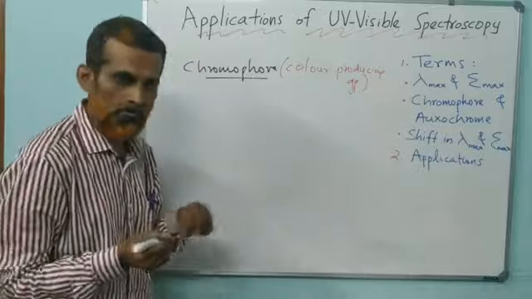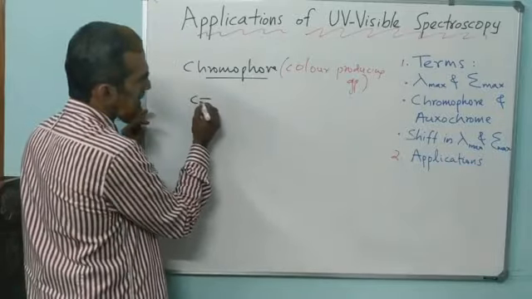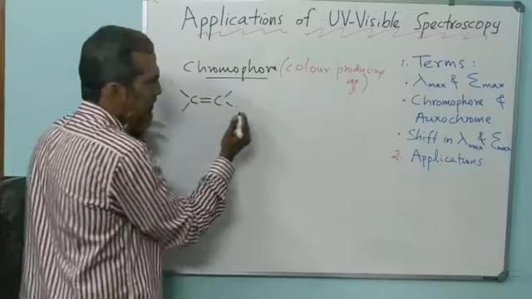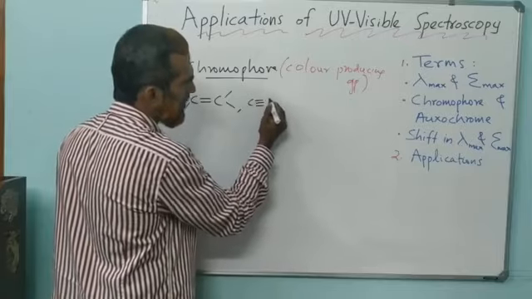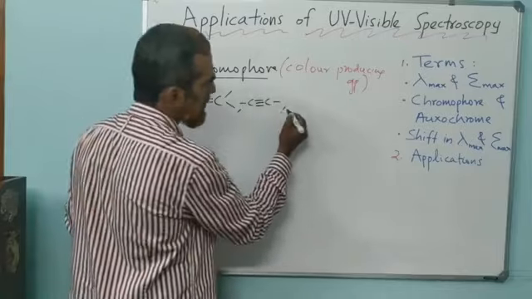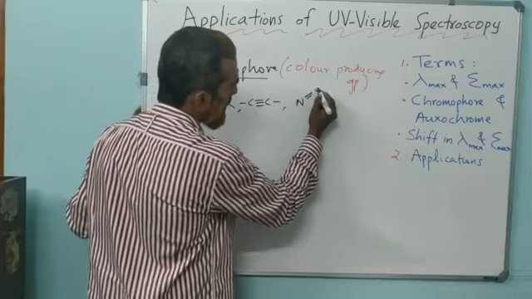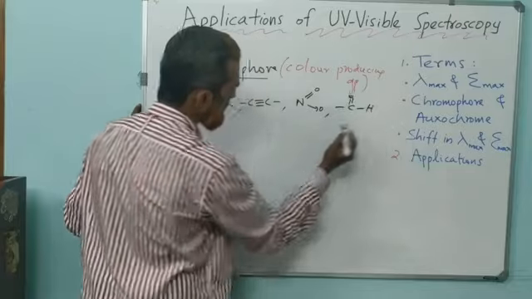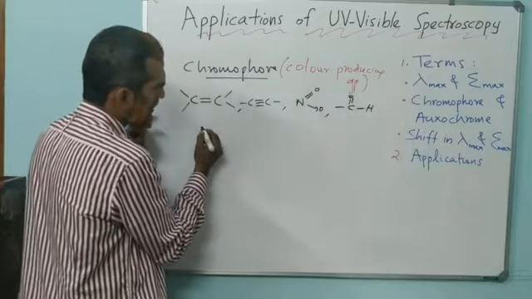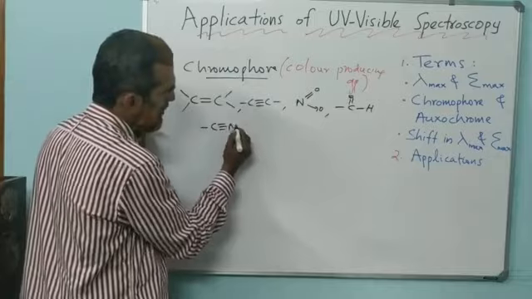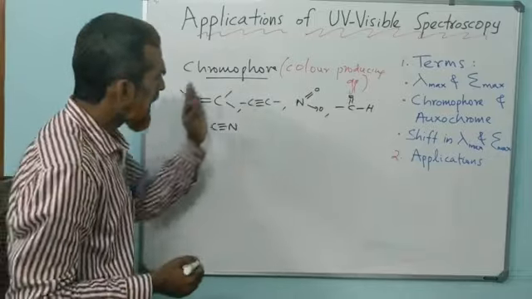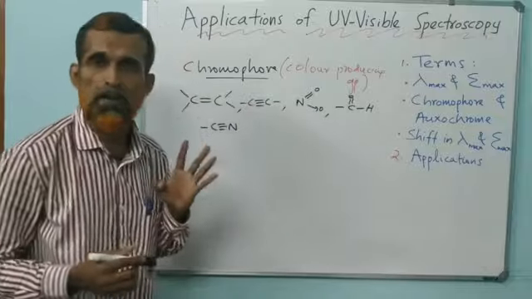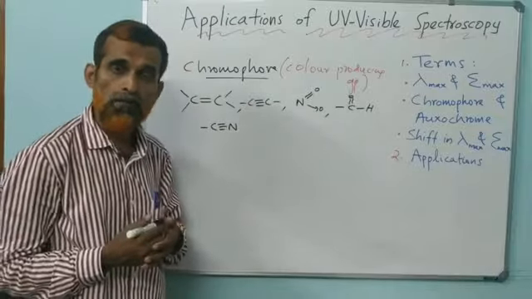One is chromophore. So the groups like, let me put examples, the vinylic or alkene type vinyl group or acetylenic alkyne groups. Let me write nitro group NO2, aldehyde group CHO, keto group, acid group, then nitrile group, etc. These functional groups, what is the speciality? All of them contain pi bond or multiple bonds, one or more.